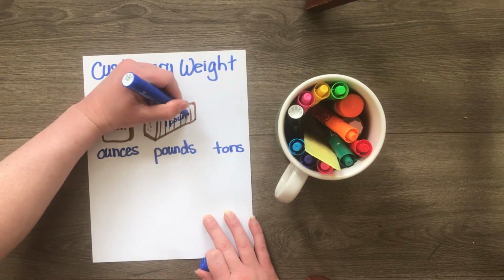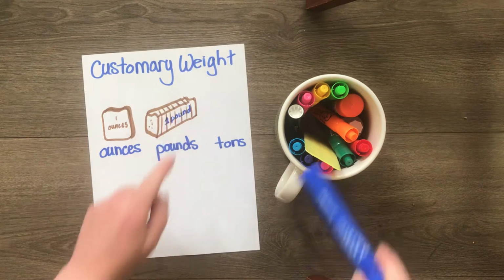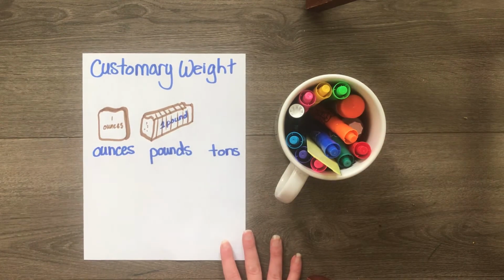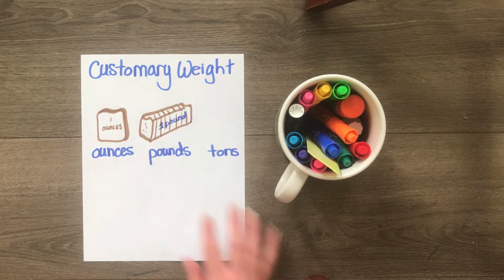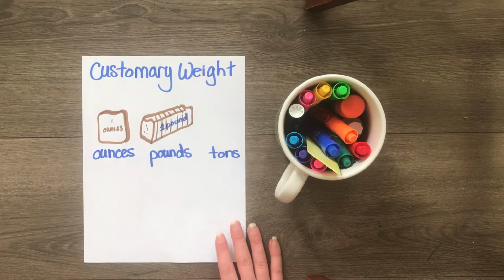Pretty cool, huh? I was surprised to find out that a loaf of bread is 1 whole pound, because a loaf of bread is actually pretty light. But I suppose when you put a bunch of loaves of bread together, then you can start to amount some weight.